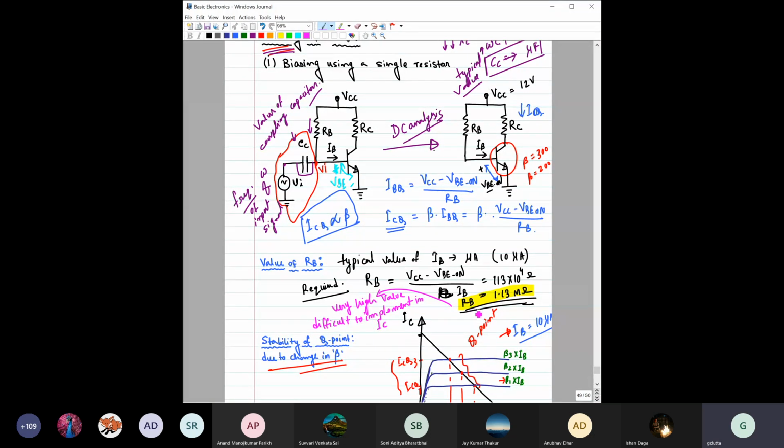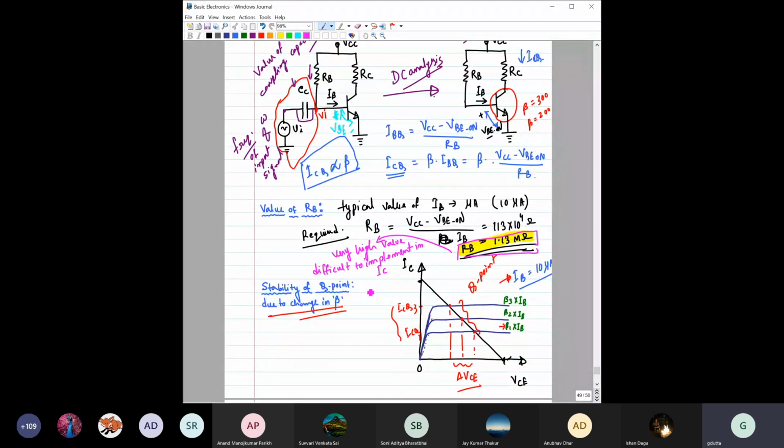It is always difficult to implement a very high value of resistance. Not technologically difficult, but it will take a huge amount of space. In an IC, space means area. Area is everything, that's how you get billions of transistors in a small chip. But if one transistor needs this many mega ohms, you need a huge amount of area to implement this resistance on silicon. So this technique is not preferred.